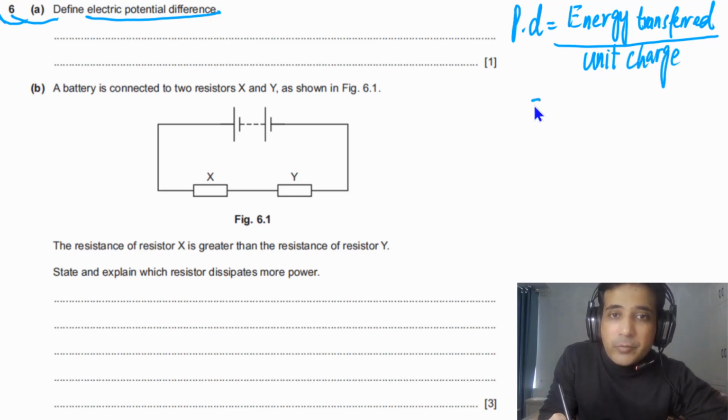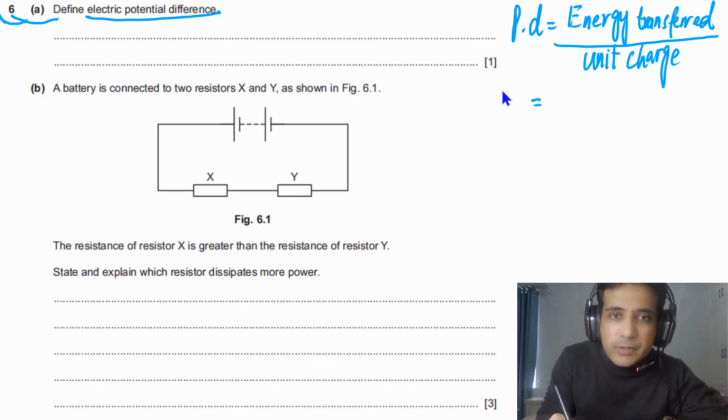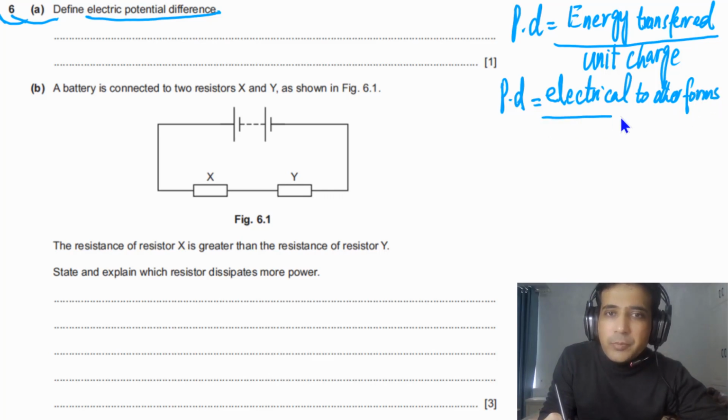And the better and more precise way to define electric potential difference is to talk about the forms of energy. In electric potential difference, we have to write down electrical energy to other forms of energy per unit charge. So this is how we can define electric potential difference.